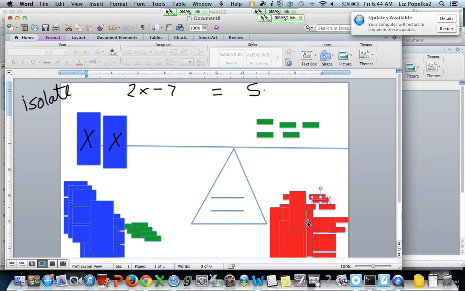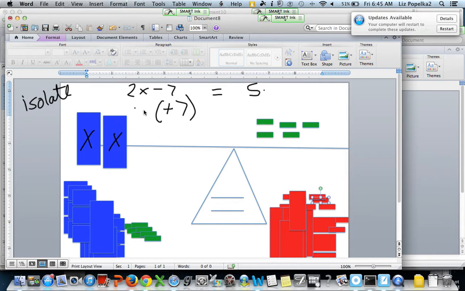What that would look like on paper is that I took away a negative 7. What happens when you take away a negative? Minus a minus is really the same thing as adding a 7. So that's what this would look like on paper. I had a negative 7, and I canceled it out by taking away a negative.